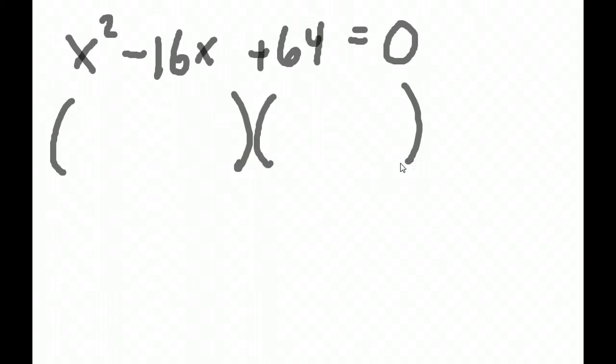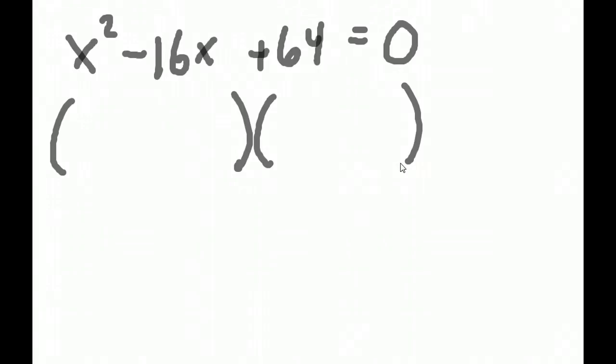We have a minus 16x and a plus 64. What do these guys have in common? Both factors of 8. Yes, they both have 8 as a factor. Nice job. Both factors of 16 too. Well, yes, exactly. But think about this. What factors of 64 add up to negative 16?